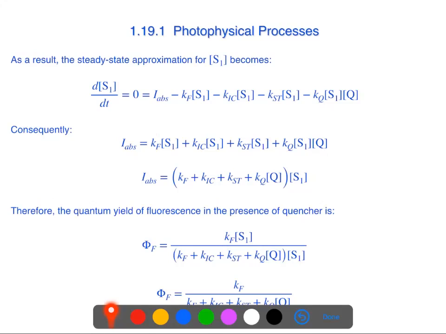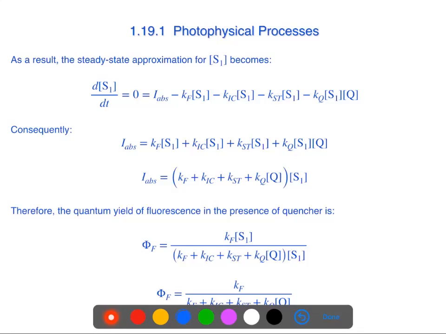Now, the quantum yield of fluorescence in the presence of a quencher will be equal to the following, where it's Kf times S1 all over the sum of the four possible deactivation rate constants, including the quencher concentration term for the bimolecular process, all multiplied by S1.